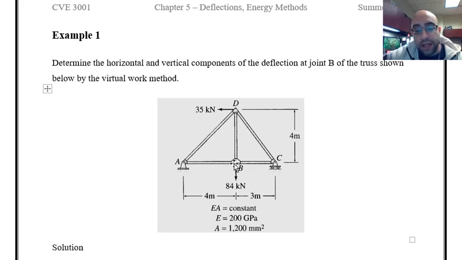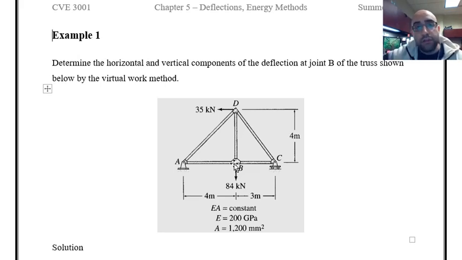But the negative point about these methods is that for each deflection that you want, you have to have a separate attempt of calculations.